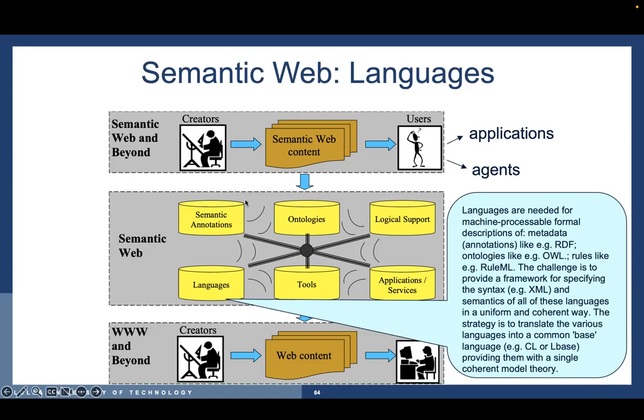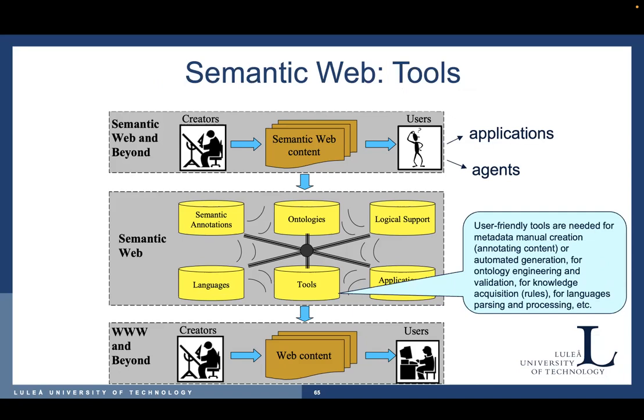And to do that, we will go through examples of programming languages that support this. For lab 2, you will use a tool for constructing ontologies, which is Protégé.